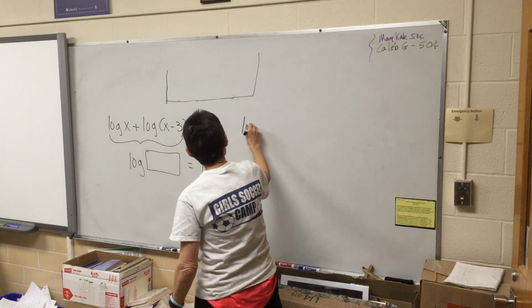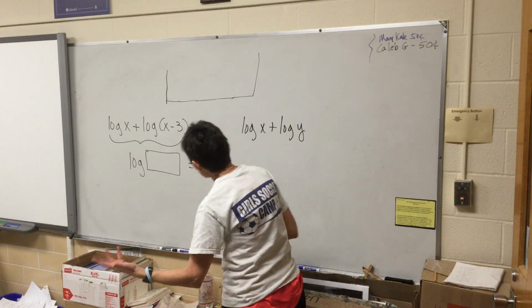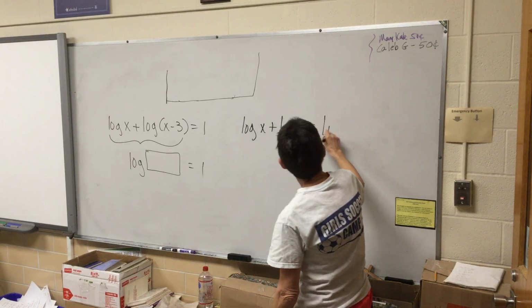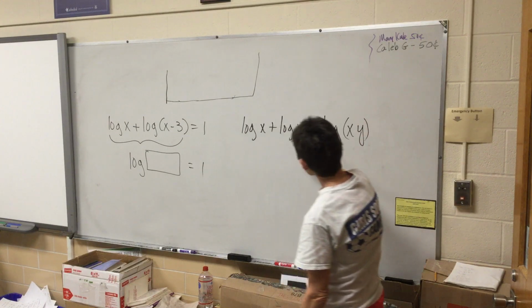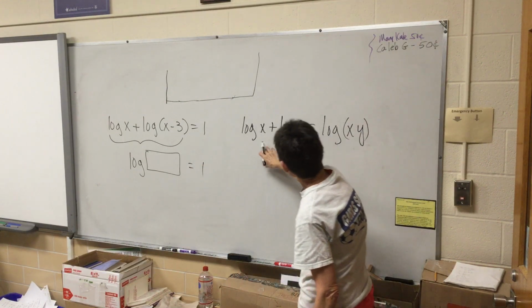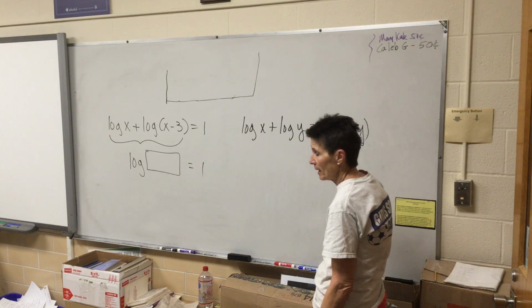There's a property that says, and you already have these written down, so I don't think you need to write them down again, but if you don't have them written down, you need to write this down. When logarithms are added, and I may have used different letters when I did it before, but when logarithms are added, it means the numbers have been multiplied.